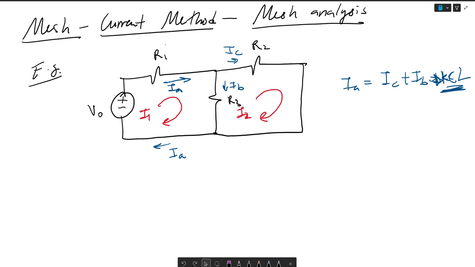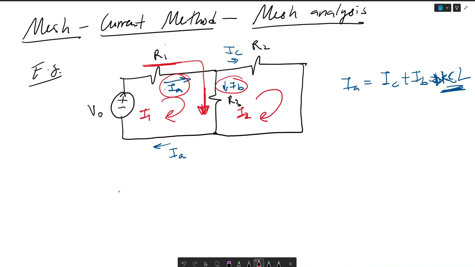So for example, if I have that this is I1, I'm concluding that I1 is flowing through R1 and also R3. But obviously that's not the case, because I1 cannot equal IA and IB at the same time, right?